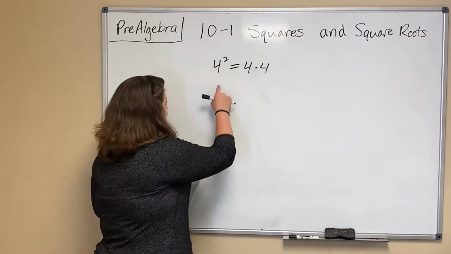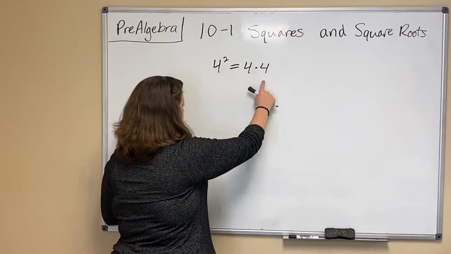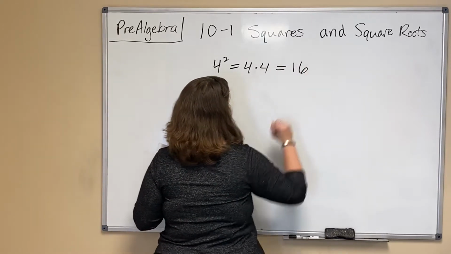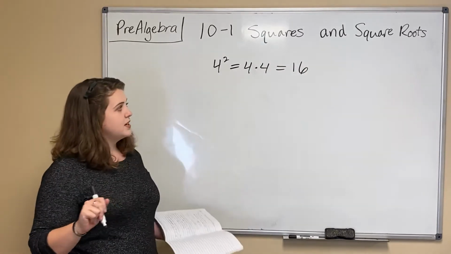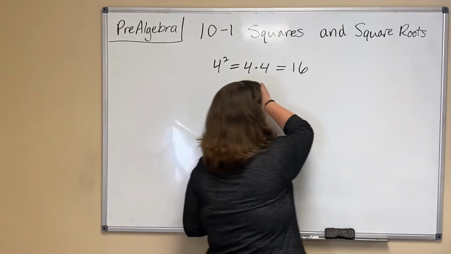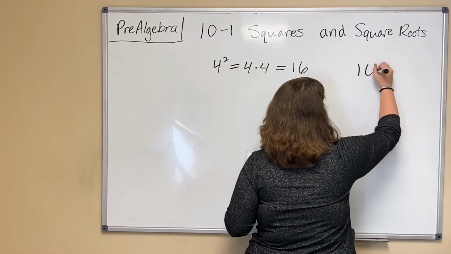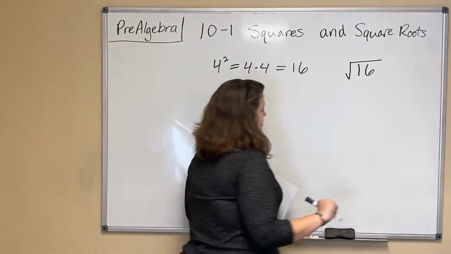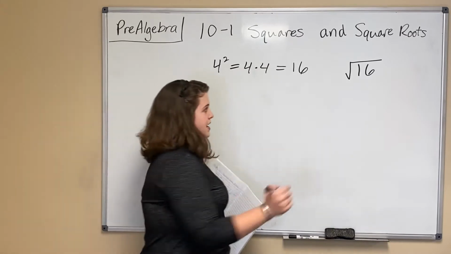So here, 4 squared is 4 times 4, which equals 16, right? Now if I take the square root of 16, I'm undoing the square operation. And we do that with something called a radical. It looks like this. It's like a division symbol that has a little tail.